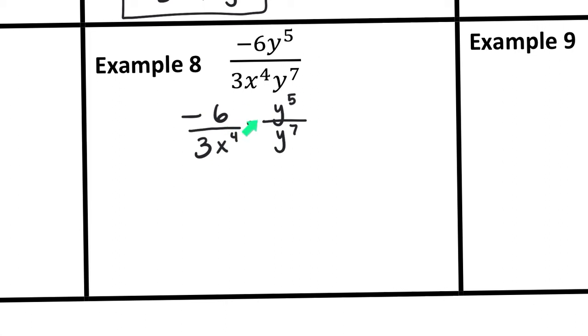But the point I'm saying is that there's no x on top. There's only an x on the bottom. But the negative 6 and the 3 can divide. What is negative 6 divided by 3? A negative 2 with an x to the fourth on the bottom.